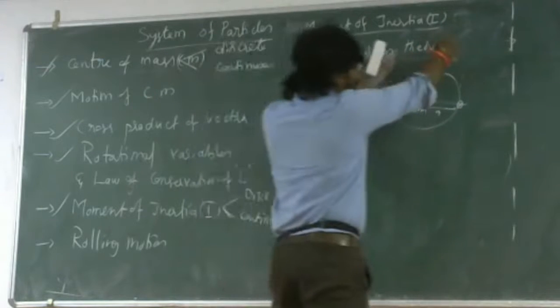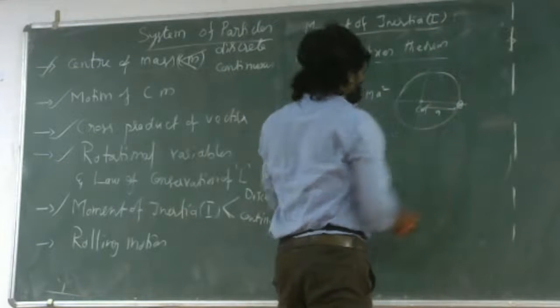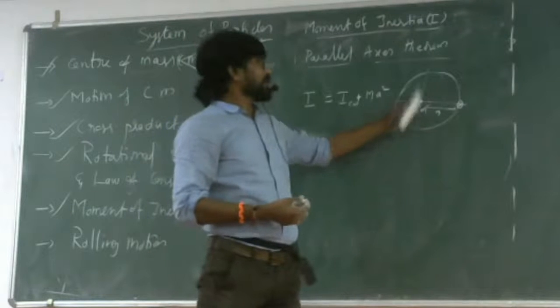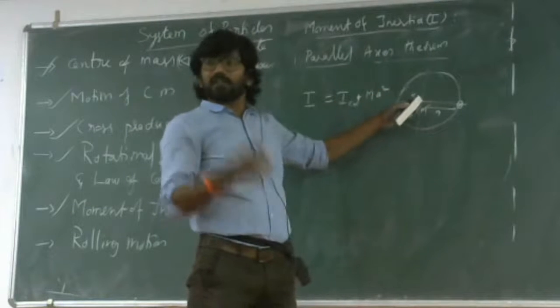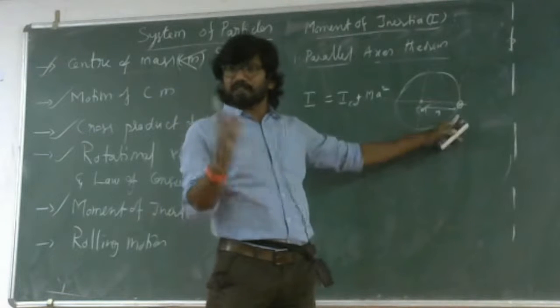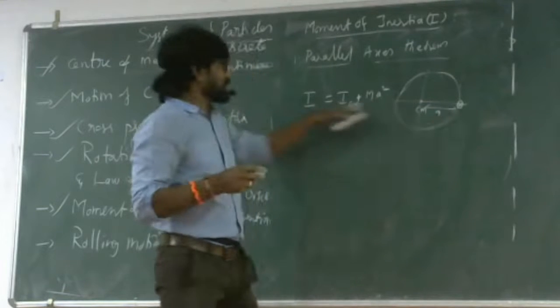So if the axis is lying in the plane only, then you have to consider the moment of inertia of this about its axis passing through the center of mass. Parallel axis you have to consider, that is very important.